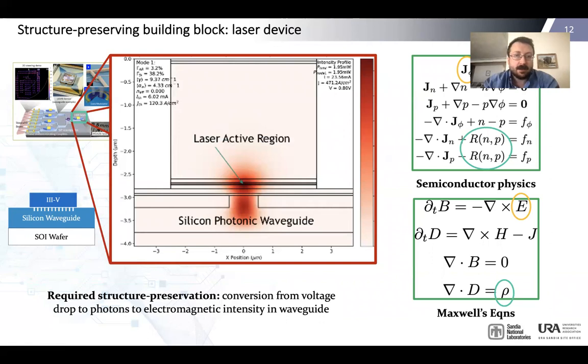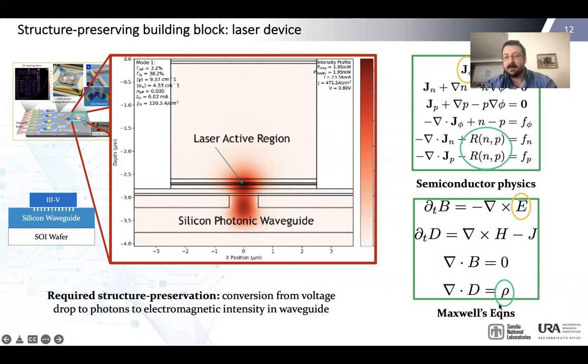This is the laser diode. If you were to do forward simulation for this, you would solve the semiconductor equations, like drift diffusion equations, which have a recombination term here, which prescribes how photons are generated. And those act as a source within Maxwell's equations, right?